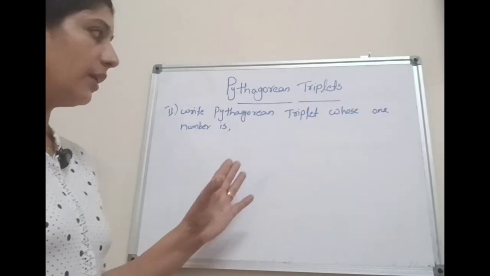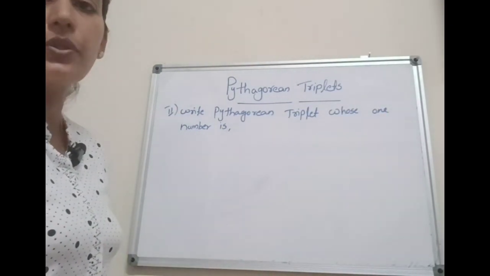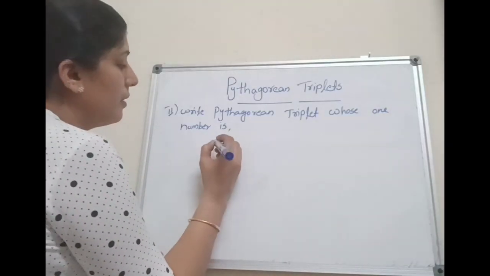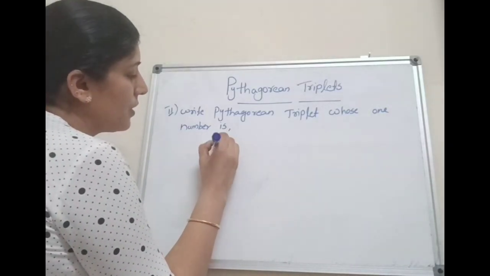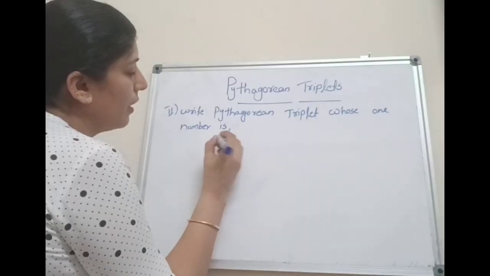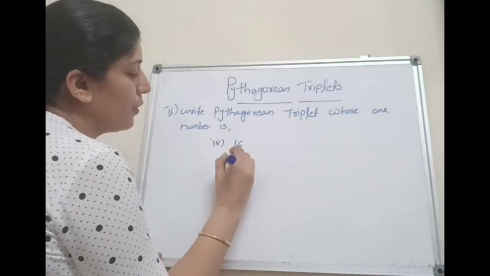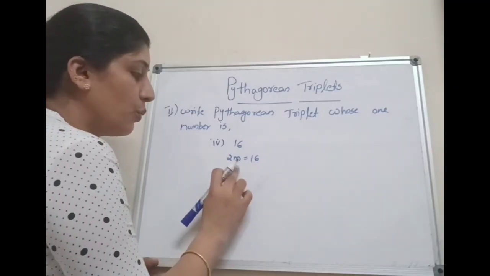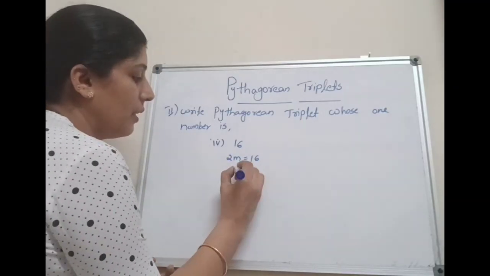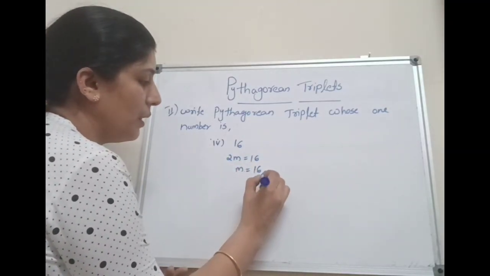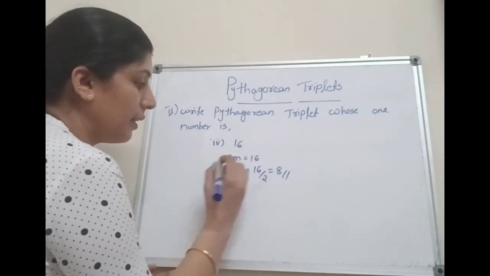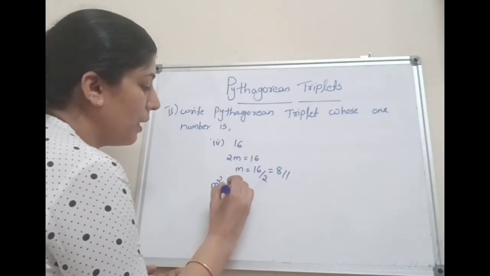Next, write the Pythagorean triplet whose one number is 16. 2m equal to 16. Let us take one side 2m. 2m equal to 16, therefore m equal to 16 by 2 equal to 8.